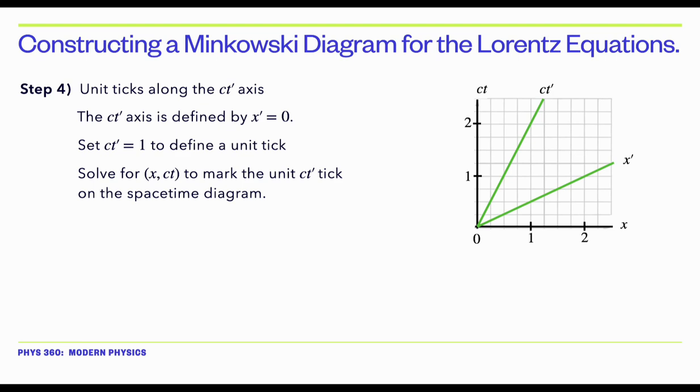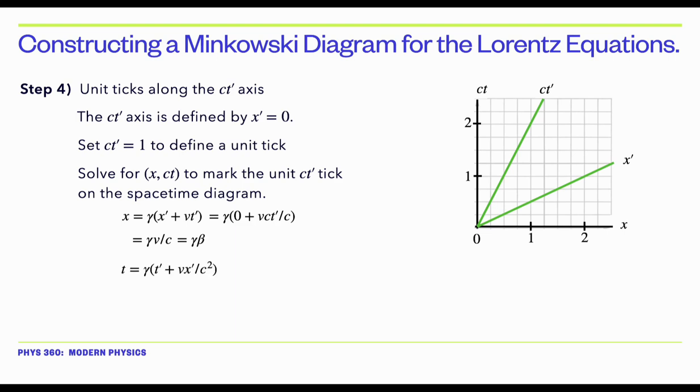So we solve for x and ct for ct prime equals 1, again using the Lorentz transformations. We plug in 0 for x prime, and we plug in 1 for ct prime. So when ct prime is equal to 1, x is going to be gamma v over c, or in other words, gamma beta.